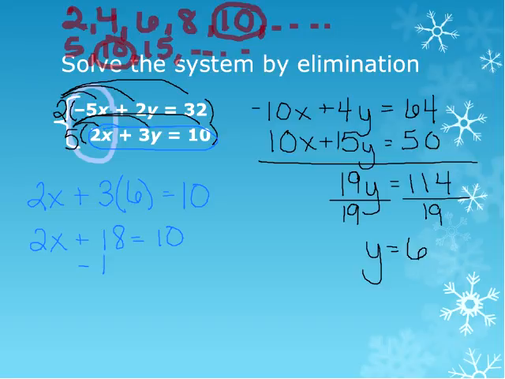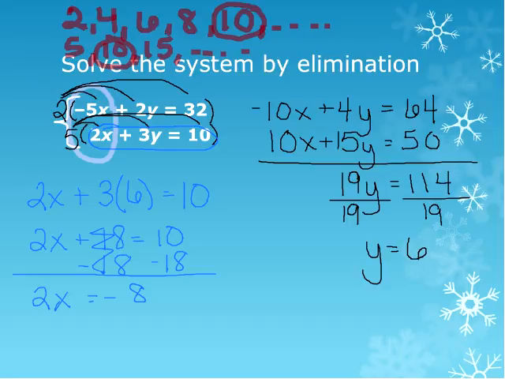What do we have to do to solve for x in this equation? Start by subtracting that 18 from both sides. So 2x, that's gone. What is 10 minus 18? Ooh, careful. Negative 8, right?